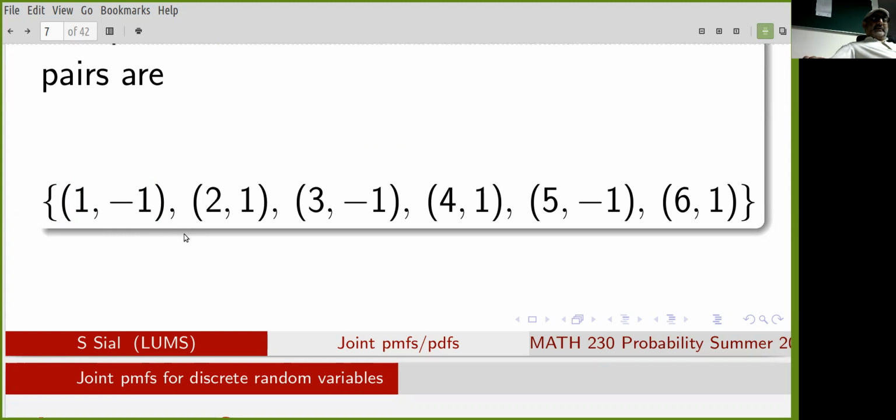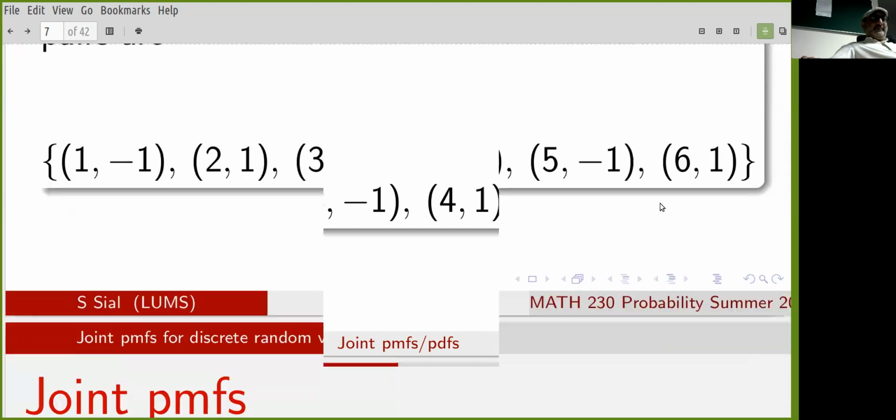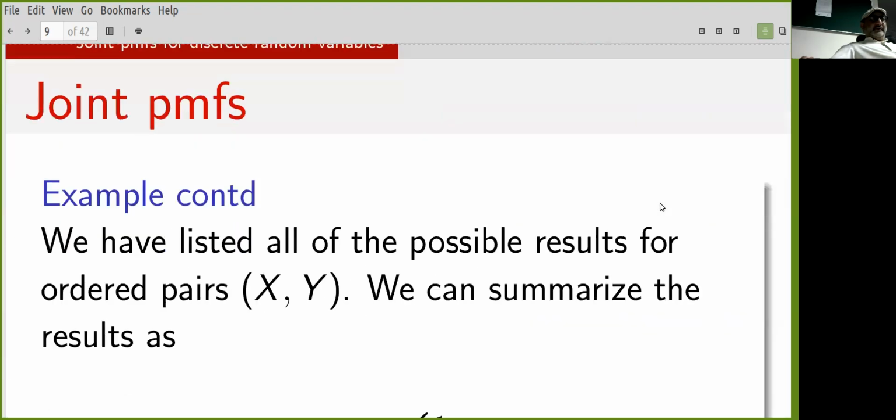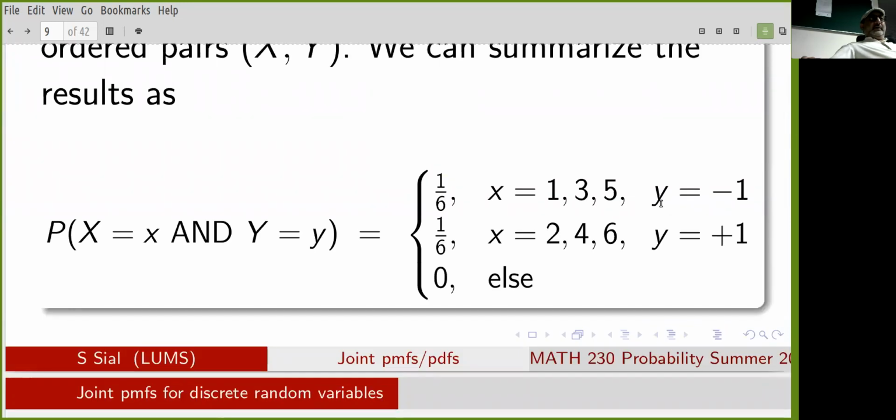Well, it's 1/6, right? The probability of getting x is equal to 2 and y equals 1, okay, and so on and so forth. So the probability for each one of these results, each one of these outcomes, that's what you want to list in your joint PMF. Okay.